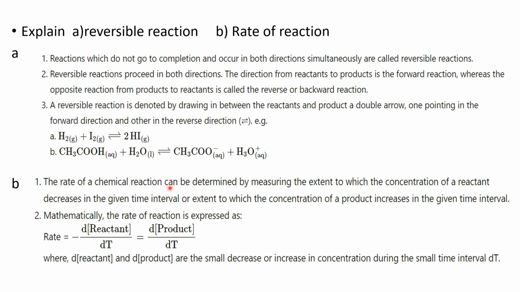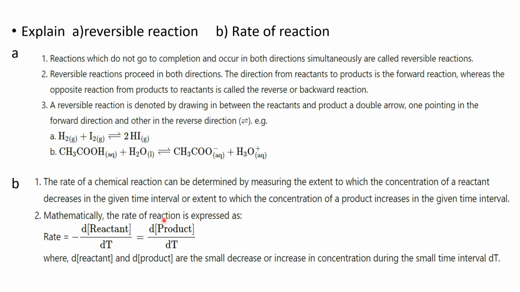The rate of a chemical reaction can be determined by measuring the extent to which the concentration of reactant decreases in a given time interval, or the extent to which the concentration of product increases in the given time interval.